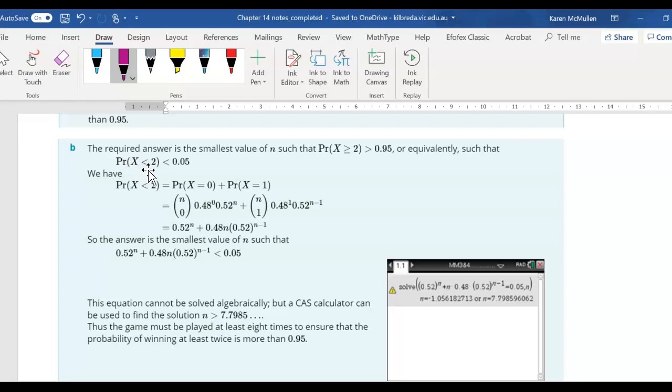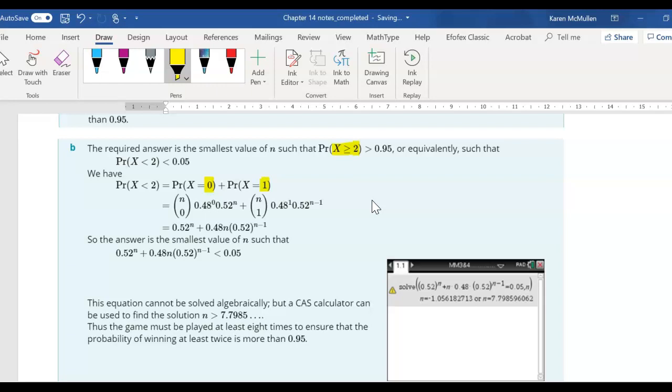So what we have less than 2, let me just highlight it because I know you can't see my cursor. Values that are less than 2 are 0 and 1. So you can see that we've set up the binomial distribution in the next line using x equals 0 and x equals 1, because we want at least twice.